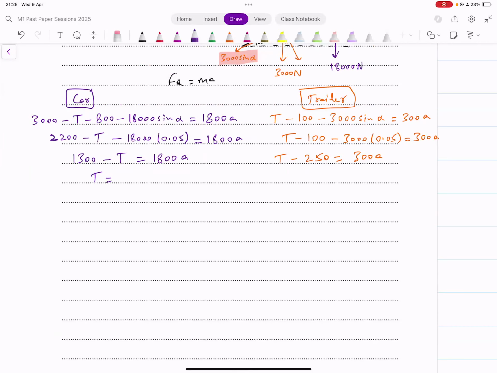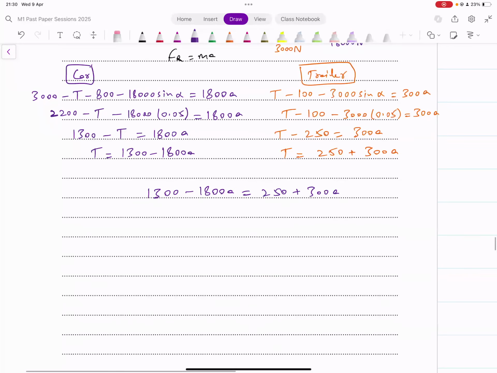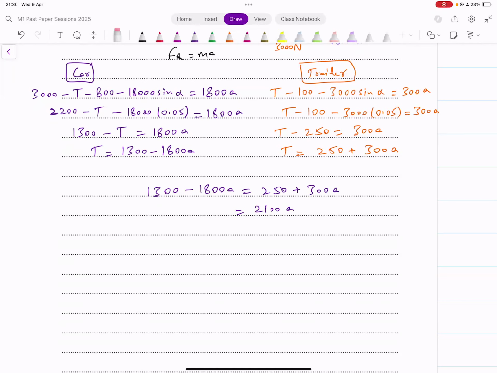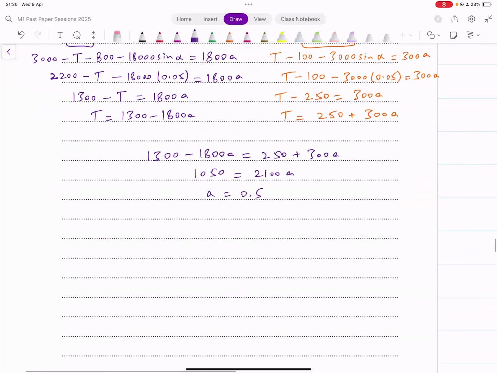From the first one, we can say T is equal to 1300 minus 1800 A. From the second one, we get T equal to 250 plus 300 times A. We equate them. 1300 minus 1800 A equals 250 plus 300 times A, and that gives us 2100 A equal to 1050, and A equals 0.5 meters per second square. That's the acceleration that we were looking for.